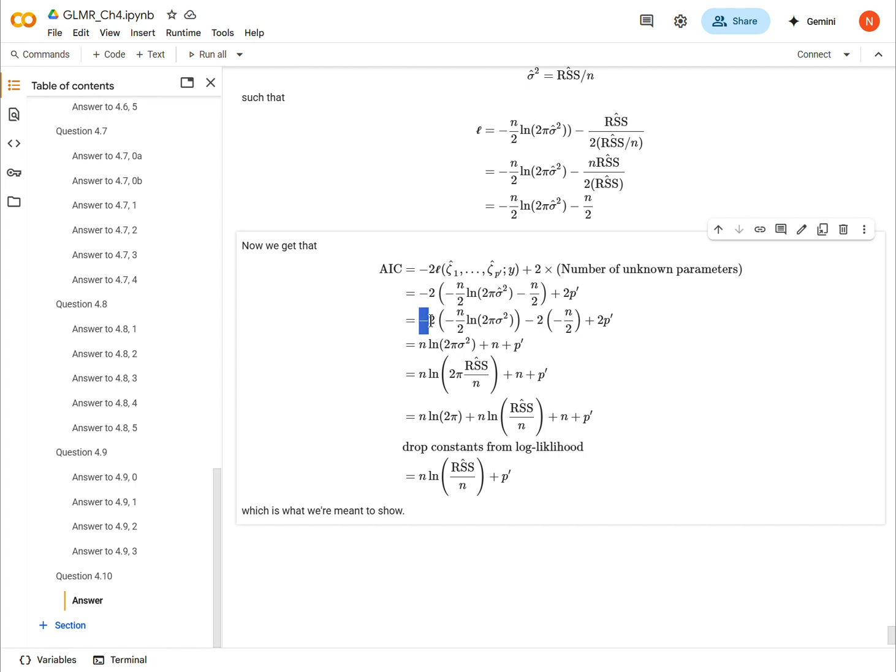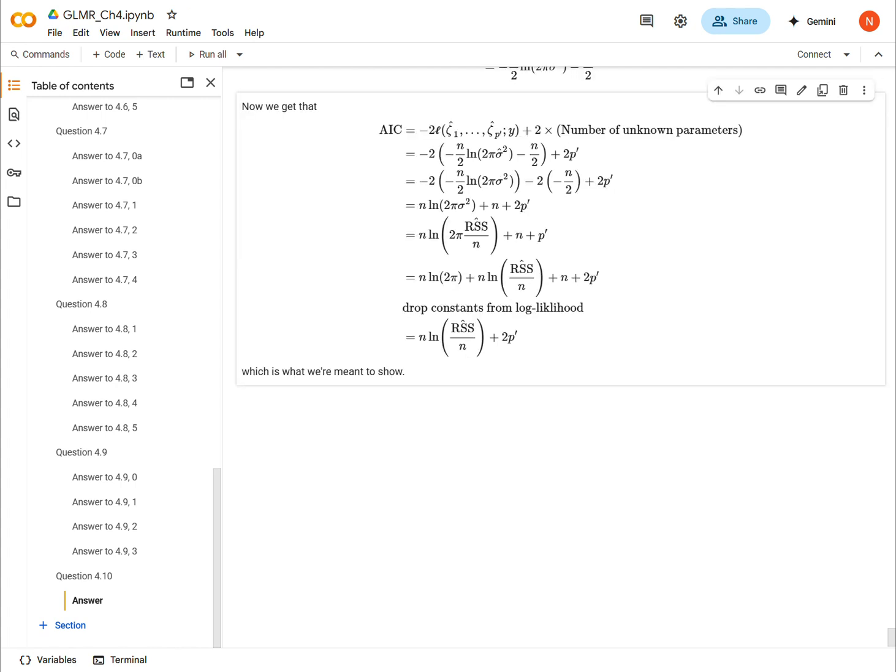So we distribute the -2 over the two terms. The -2 cancels out with this -2 in the first one, so that just becomes n times the log of 2 pi sigma squared. And similarly here, the -2 cancels out with this -2, and we're just left with n. And we have, oh, that should be 2p prime. Oops, let me correct this. Oh, I missed one. Let me try that one more time.